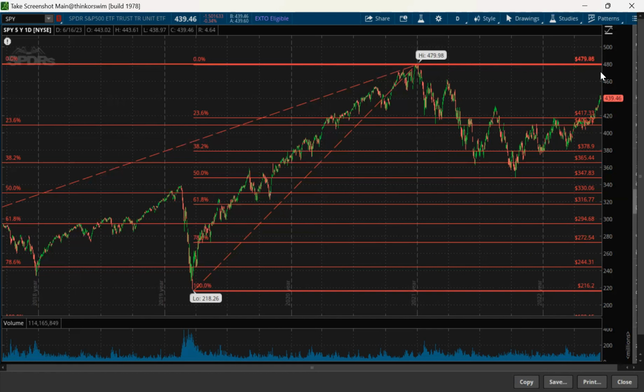It might go down, so it might bounce off of the 480 mark, and then gain a little bit of energy, and then come back and break it. So it'll test it.